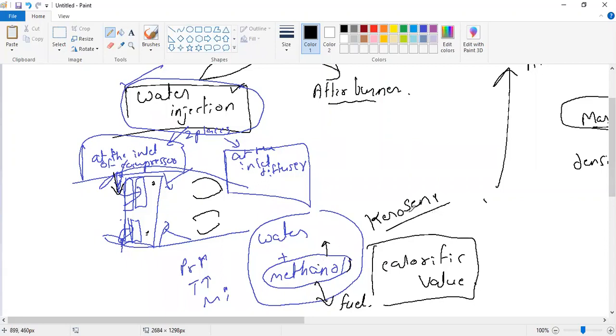So when methanol and kerosene are taken into consideration, the calorific value of methanol is very, very less than the kerosene. So basically, instead of adding methanol, if I added kerosene, that would be better for me. Understood? But you need to know that water along with the methanol is added. This type of combination is being used in many fighter aircraft.